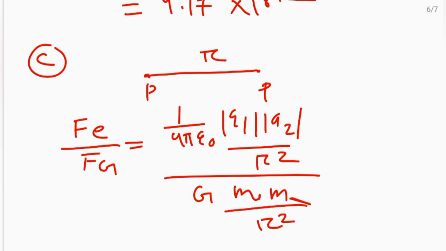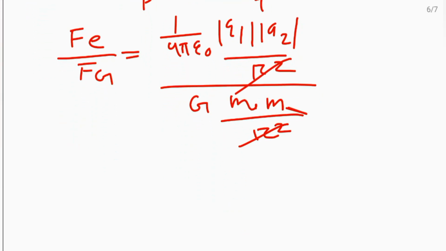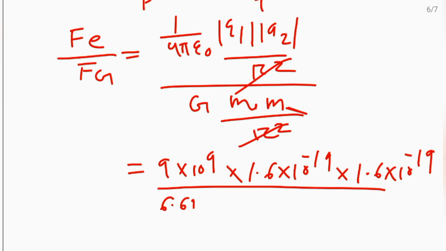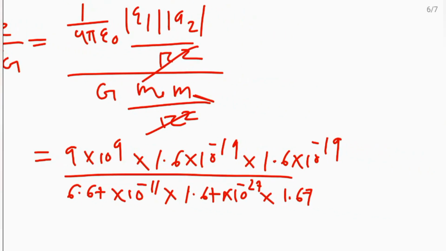So this r square will cancel out, and we know the value of 1 by 4 pi epsilon 0 is 9 into 10 to the power 9, and q1 is the charge of one proton, that is 1.6 into 10 to the power minus 19, q2 is the charge of one proton, that is 1.6 into 10 to the power minus 19, and G has value, we know, 6.67 into 10 to the power minus 11, and m1 is the mass of proton, that is 1.67 into 10 to the power minus 27, and m2 is also the mass of one proton, that is 1.67 into 10 to the power minus 27.